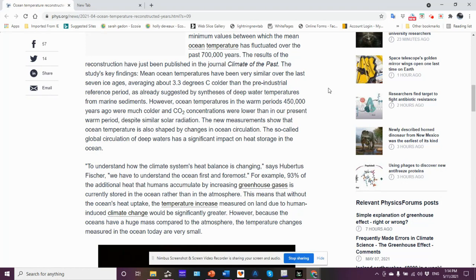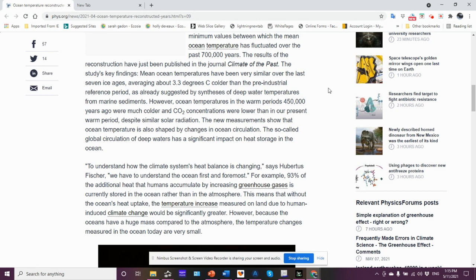widely used as well. However, ocean temperatures in the warm periods 450,000 years ago were much colder, and CO2 concentrations were lower than in our present warm period. What they're saying here is that the ocean temperatures from the last 7 ice ages were colder than the interglacial periods 450,000 years ago.